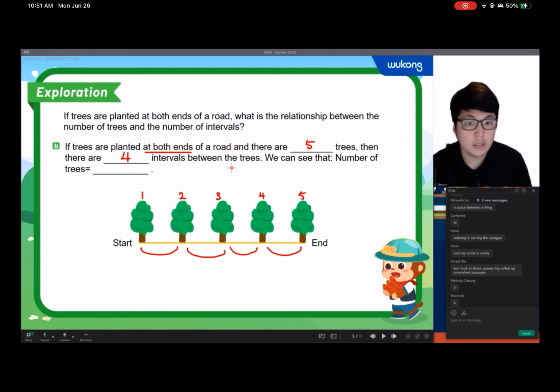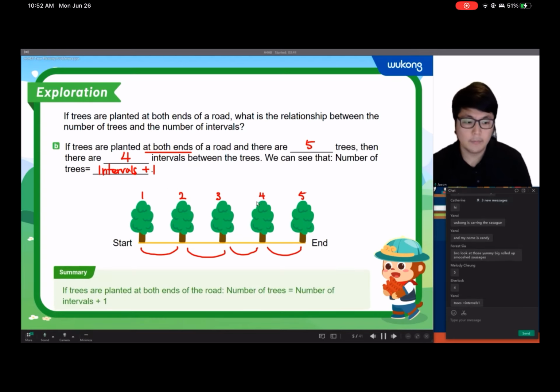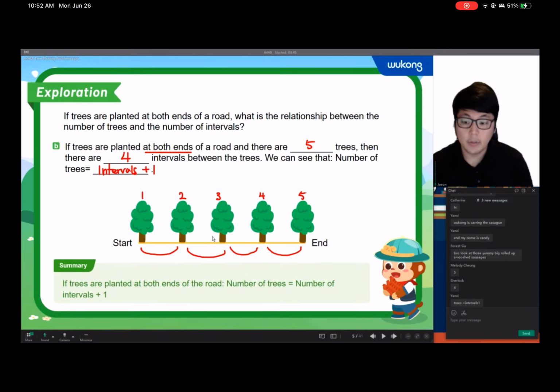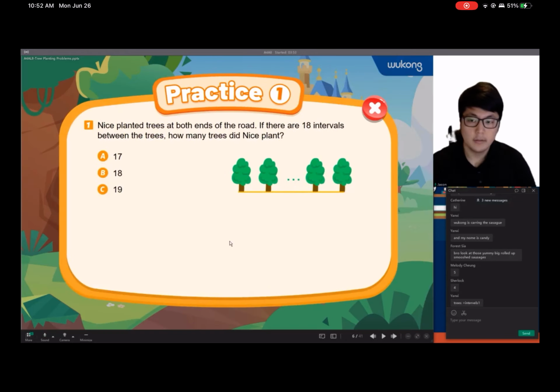And that is because if it's at both ends, guys, the number of trees equals intervals plus 1. Yeah? So, yep. So if trees are planted at both ends of the road, number of trees equals number of intervals plus 1. Okay?